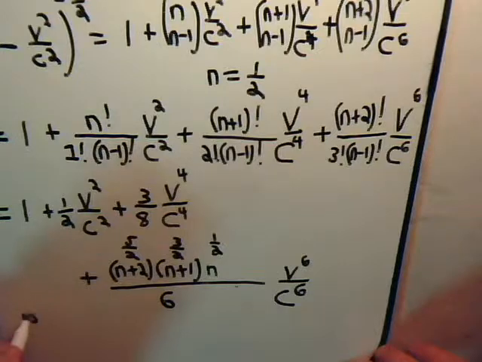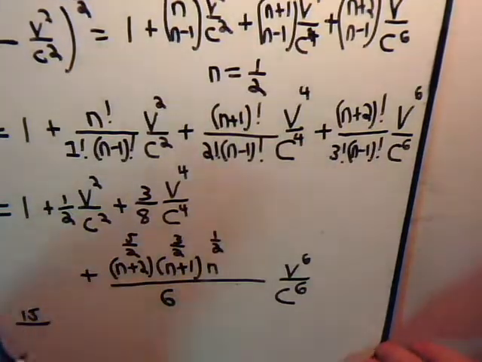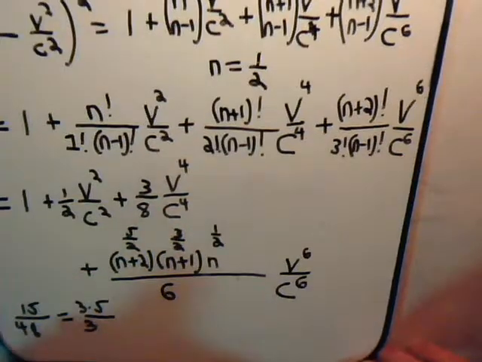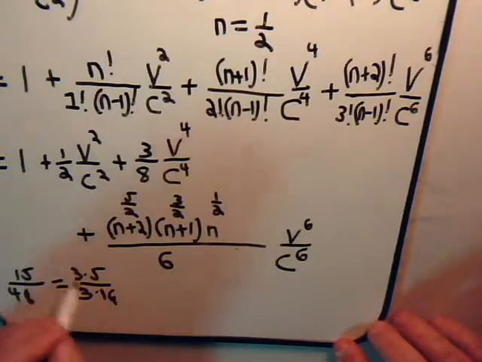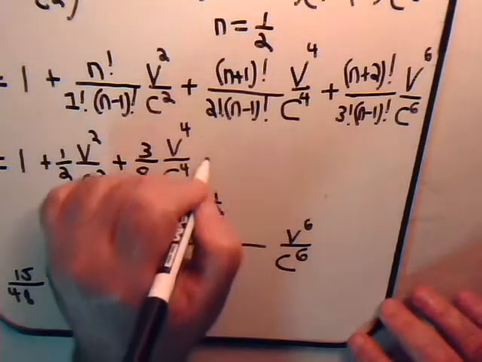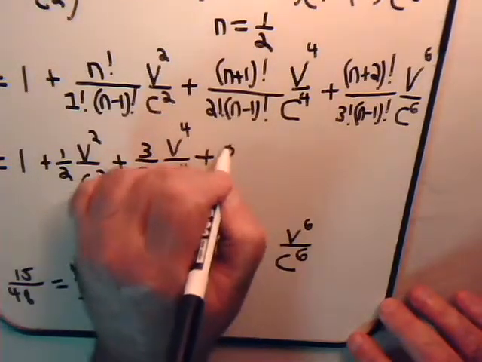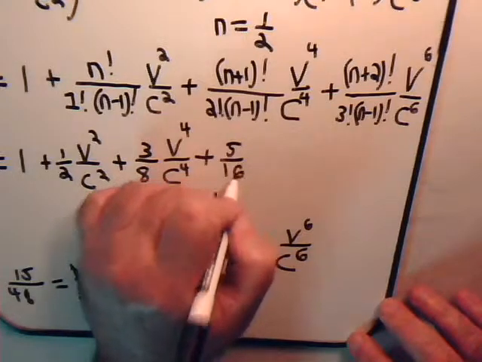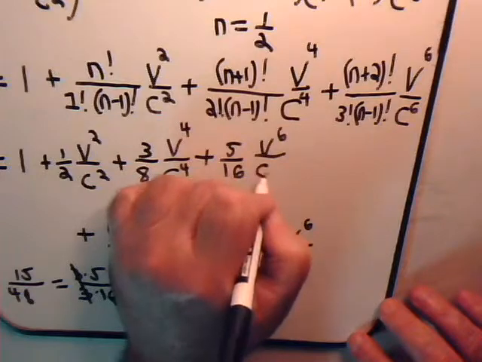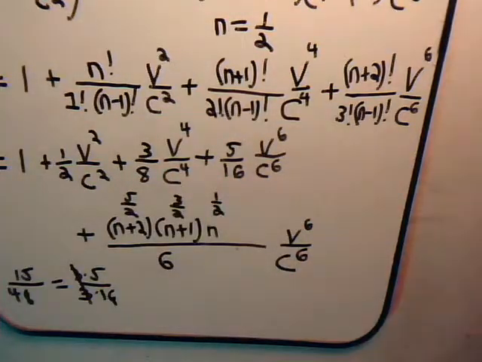That would be 15 divided by 48. And let's see, this is 3 times 5. This is 3 times 16. So our last term is 5/16. So we have plus 5 over 16 times v to the 6th divided by c to the 6th.